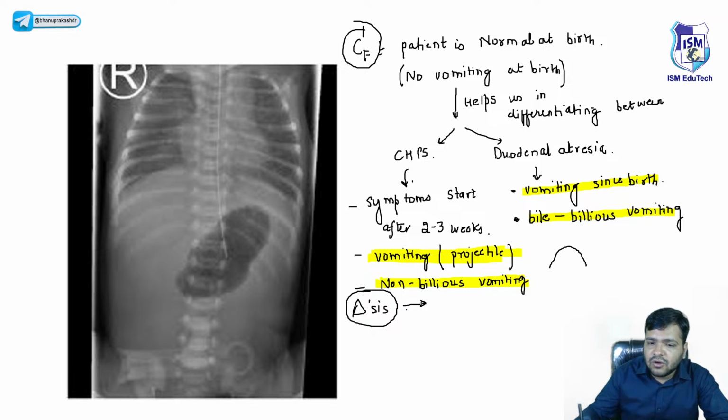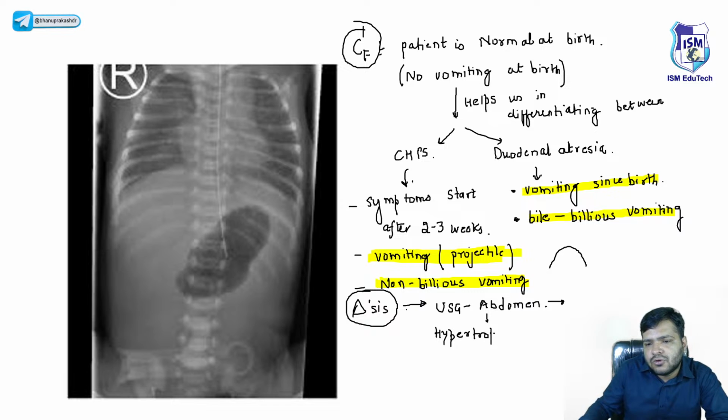Now, for diagnosis, what you will do: you will do an ultrasound of the abdomen, and here you will see a hypertrophied pylorus. USG basically means ultrasound, and on ultrasound of the abdomen you will see the hypertrophied pylorus.